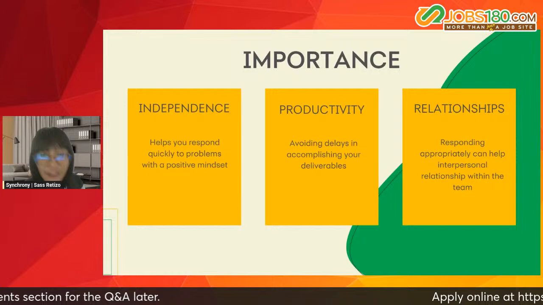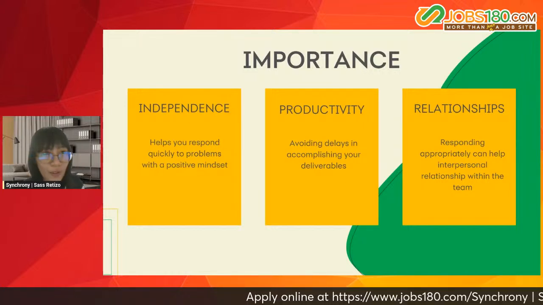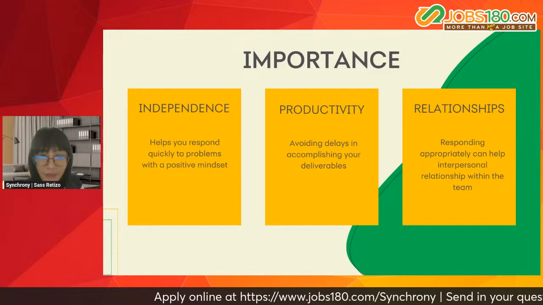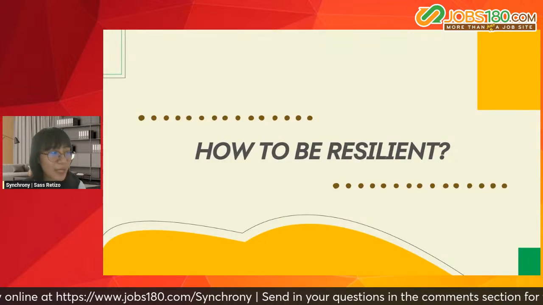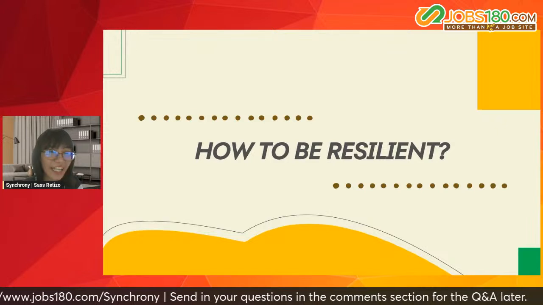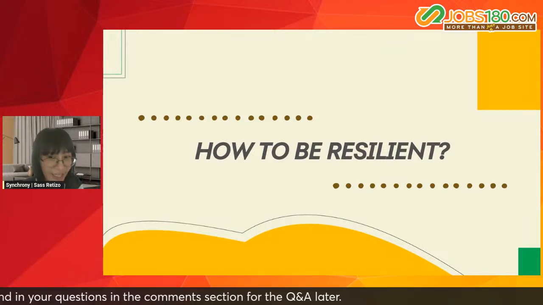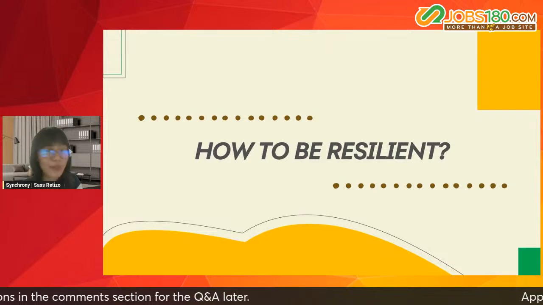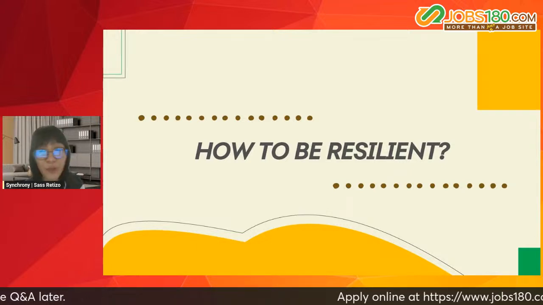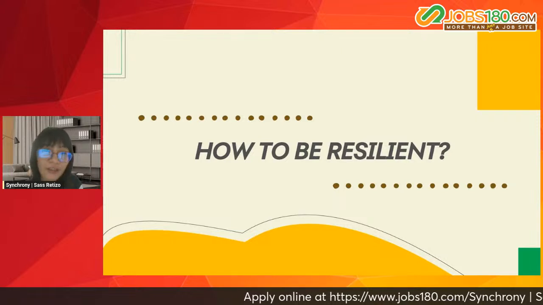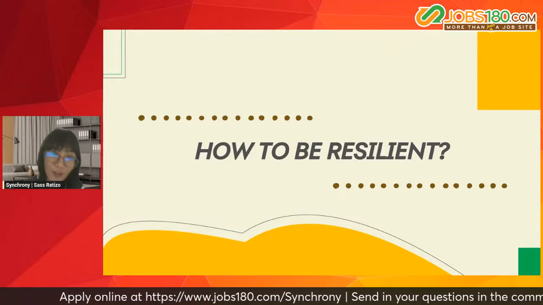So now we know the importance. We also know the common adversity that we experience in the workplace. Now let's go to how to be resilient. Okay, so again, we should be well aware that change is inevitable. It's always changing. The environment, perhaps the process in our work, the time, the schedule, the technology, right?